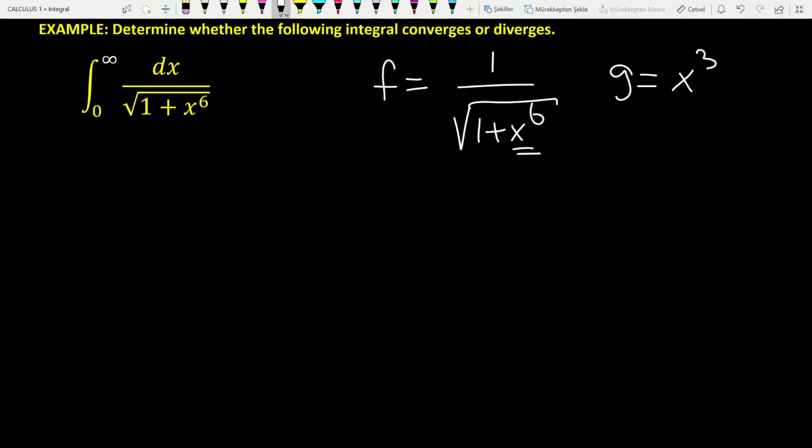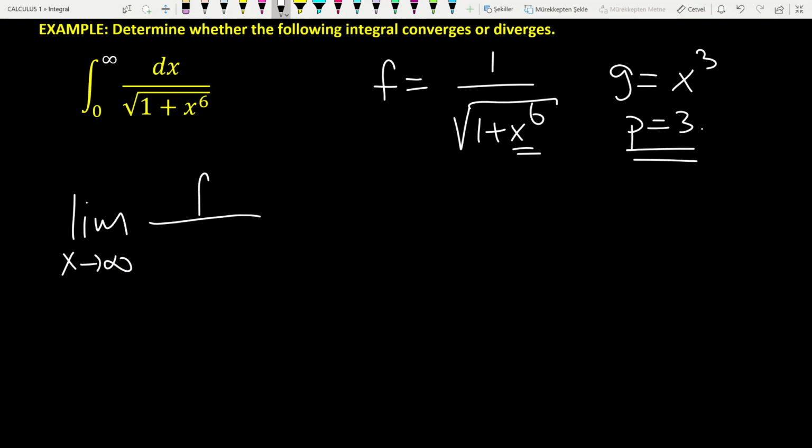Okay. In this case, let's say p is equal to 3. So I will manipulate the limit expression. I rewrite the limit for this problem. When x tends to infinity, limit of f over g. In this case, we don't write f over g. We write x to the power 3, x cubed, times f, which is 1 over square root of x to the power 6 plus 1.